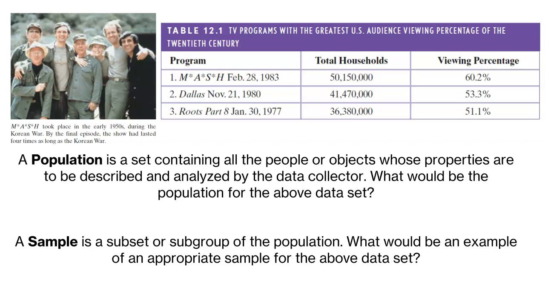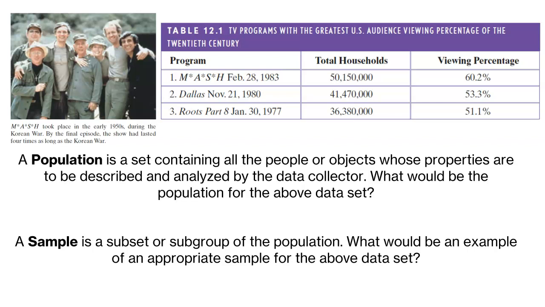Dallas had 41 million with 53%, and then Roots had 51%, just under that, with 36 million households watching those shows. Okay? A lot of people. So the population would describe everybody in that data set.